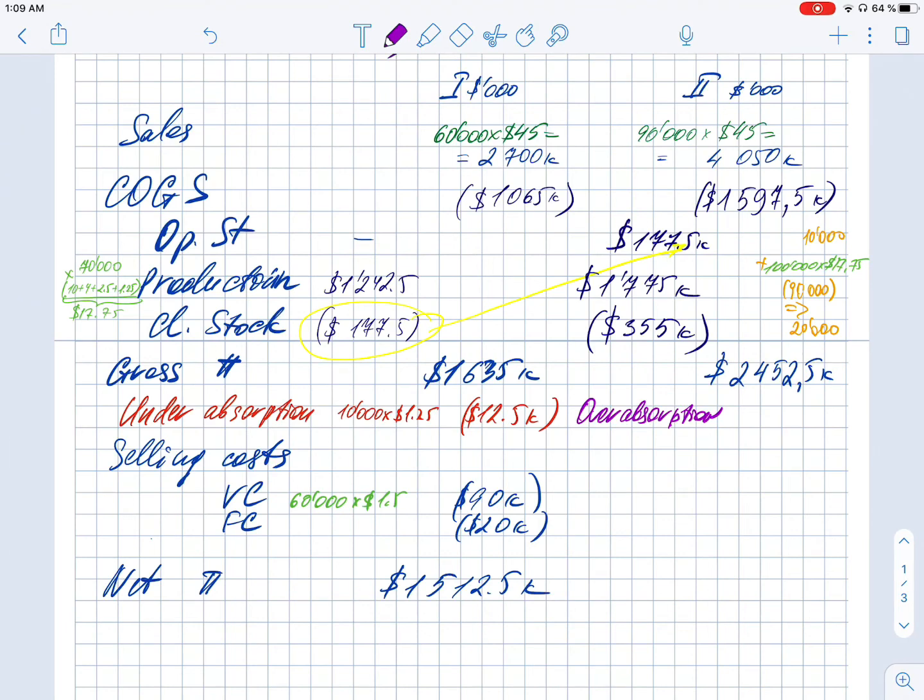And now we have to add back to recover the excessively deducted fixed overheads, because the company overproduced in that month, to add it back to the profit and loss statement.